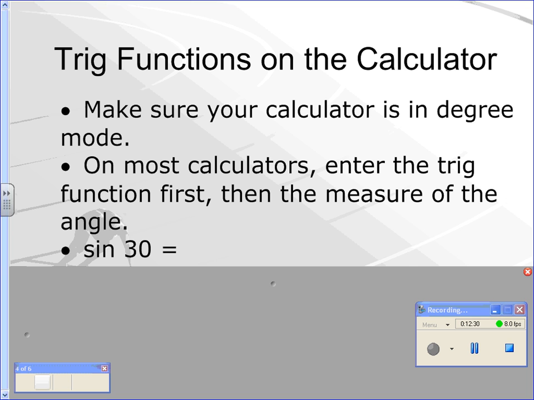All right, so we're going to try and find sine of 30 degrees. See if you can figure out what the sine of 30 degrees would be. Yeah, yours is automatic. It doesn't have radians. Use the calculator. Just plug it into your calculator.